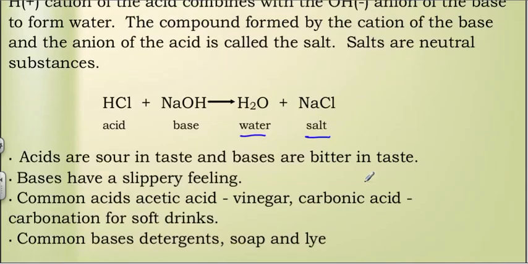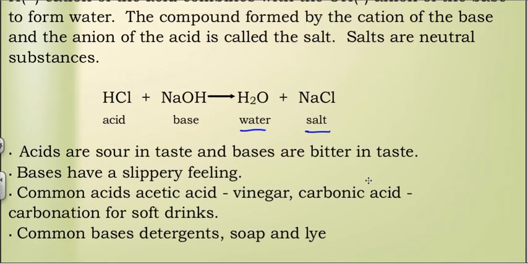So if you don't know much about acids, maybe if you think about what you eat, acids are the things that maybe cause it to be sour in your mouth, and bases tend to be bitter. Bases tend to be slippery, and common acids would be like vinegar, carbonic acid, carbonation in soft drinks. These are acids you would see in your food. And common bases would be like detergents and soap and lye.